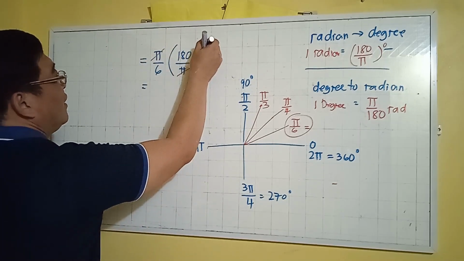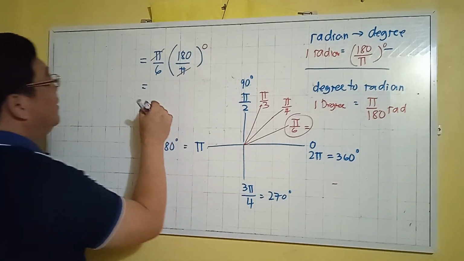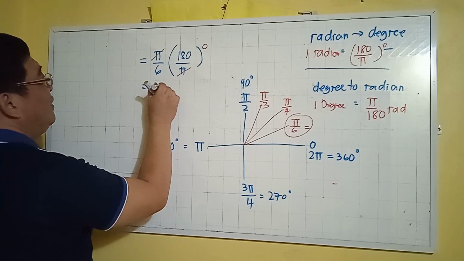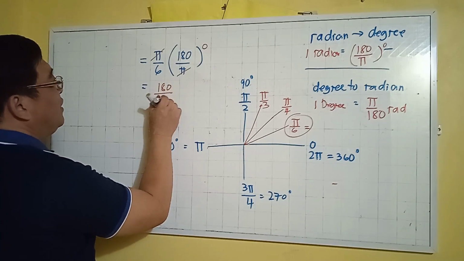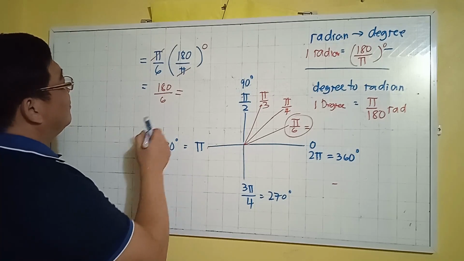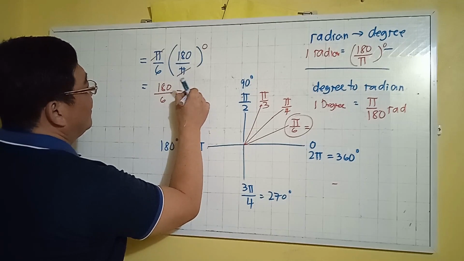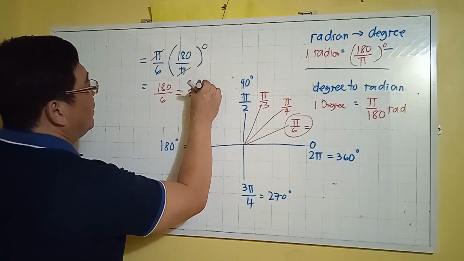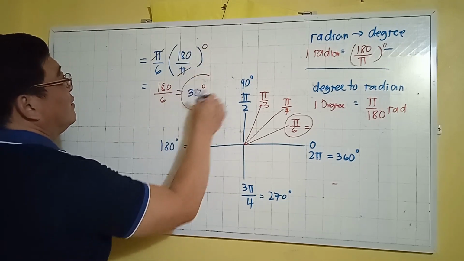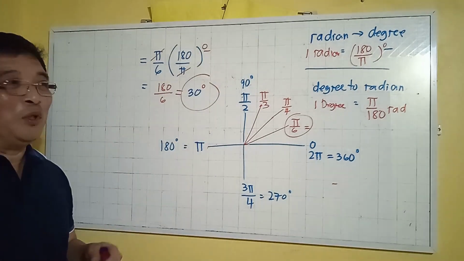Matitira degrees, yung unit. So, matitira is 180 over 6 is equals to that is 30 degrees. So, ito in terms of degrees. Ganun lang yung pagko-convert.